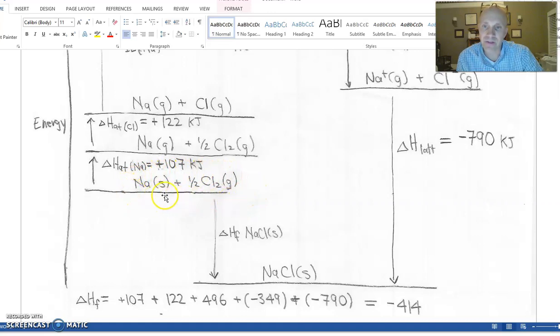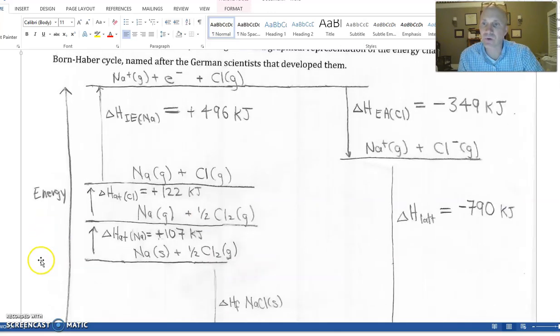This shows the elements in their elemental condition under standard conditions. So we've got sodium as a solid, we've got chlorine Cl2 as a gas. We're going to have to put this coefficient right here because we only need half of that to give the amount of chlorine atoms required.